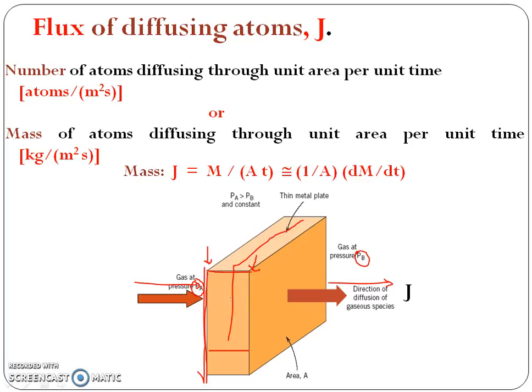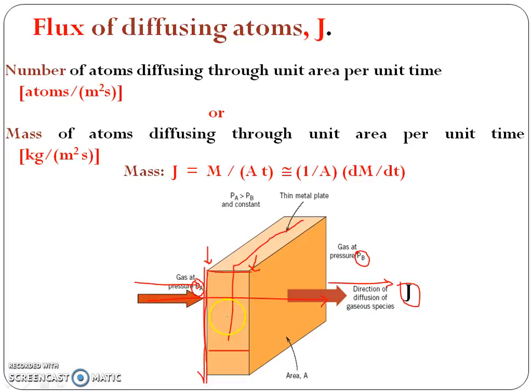If the direction of the flow is as shown in the picture, then the area through which the flux should be calculated is the area which is perpendicular to the direction of the flow or the flux. So flux is J, and the direction is the x-axis direction.